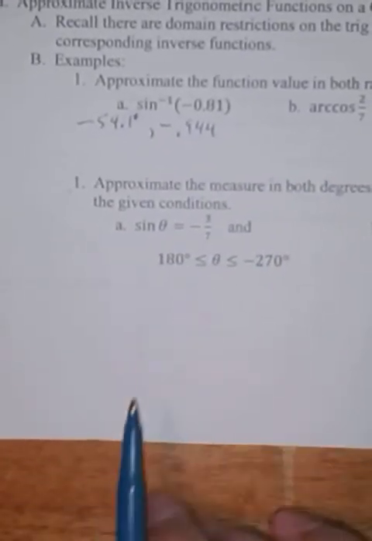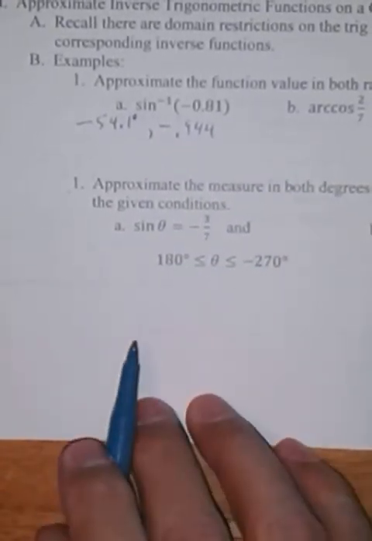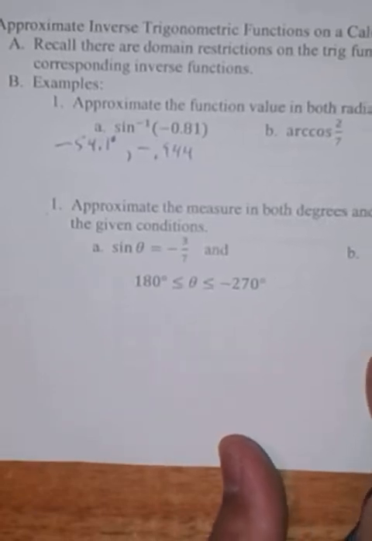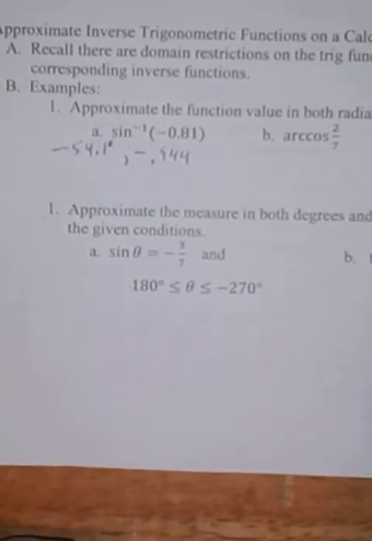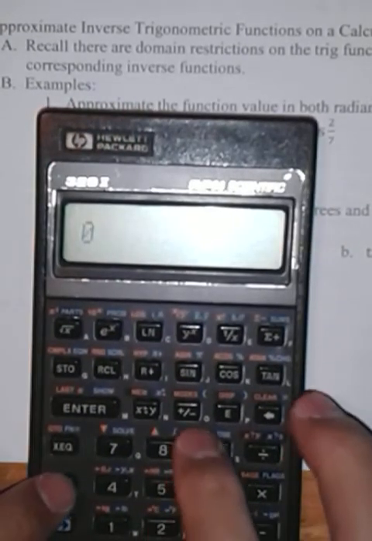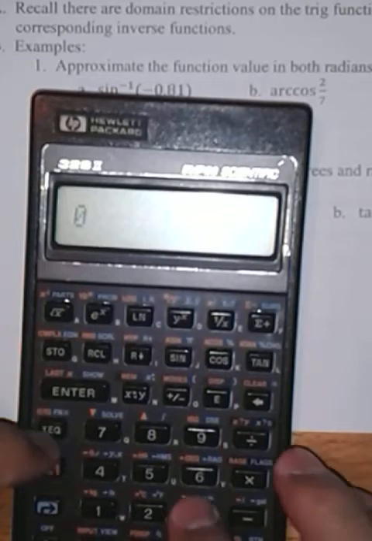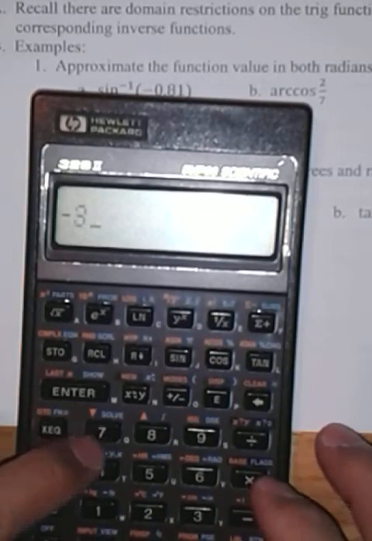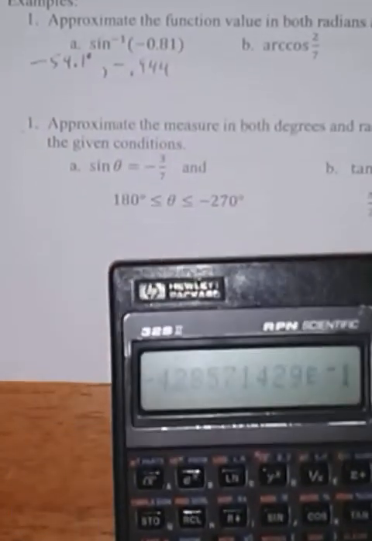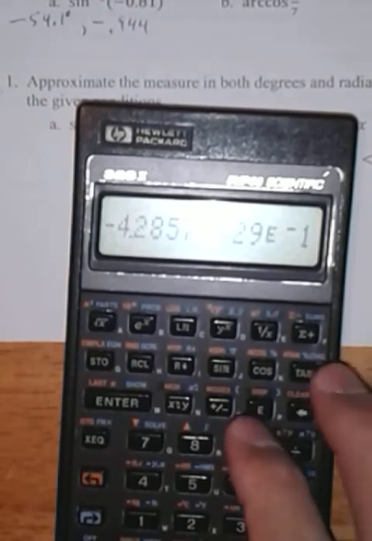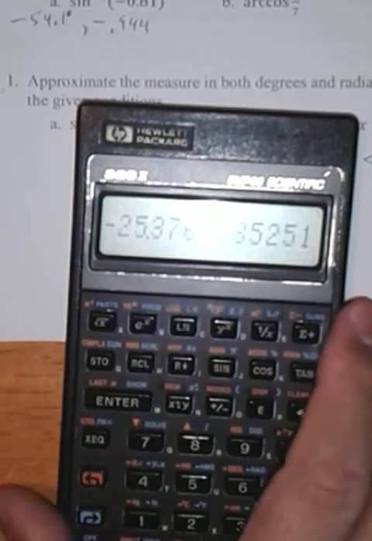Notice that I'm asked to find theta from 180 to 270, and that's okay. Let's find it first from negative 90 to positive 90. So let me change this to degrees. And negative 3/7, so negative 3 divided by 7. There it is. And I'm going to use arc sine just to give me a starting point. Negative 25.38 degrees.